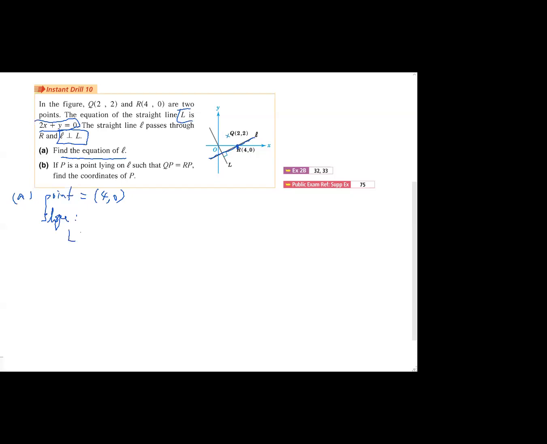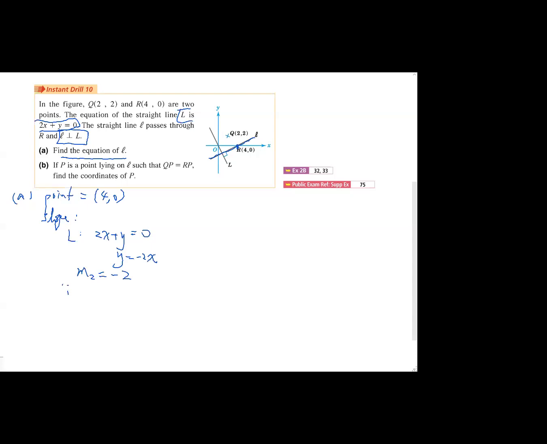So we just start with the equation of straight line capital L, and then make y to be the subject. And then slope of capital L will be -2, okay? Can you see this? So m2 will be -2.